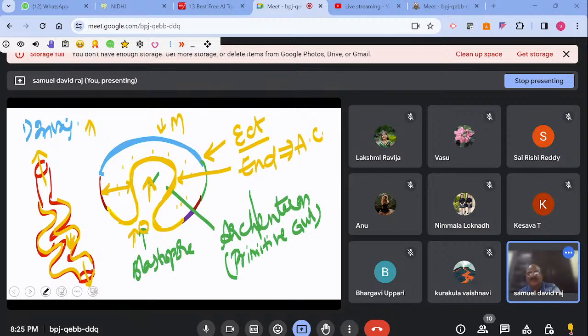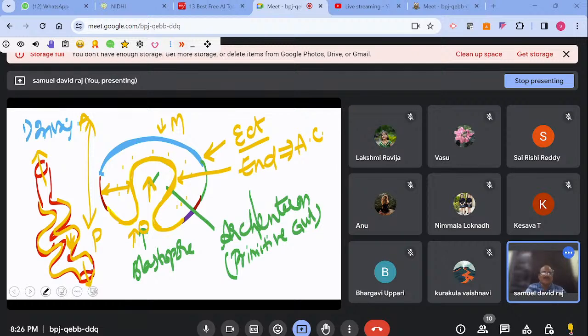Thus, we during embryonic development exhibit an antero-posterior axis. So this is the stage responsible for the development of the antero-posterior axis during the embryonic stage itself.